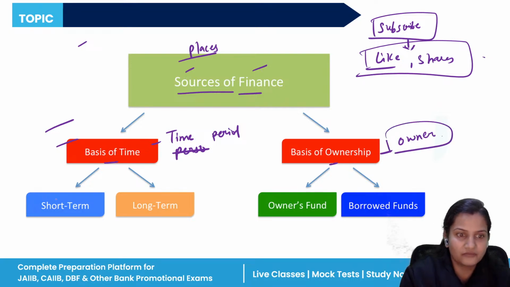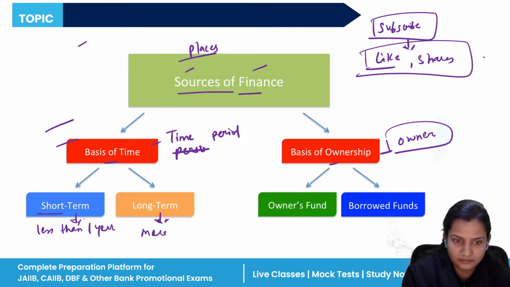On the basis of time, we have two types of sources of finance. The first is short term and the second is long term. Short term means finance which is for less than a year. Whereas long term sources of finance are those which are for more than a year, for 5 years, for 10 years, for 15 years, like this.